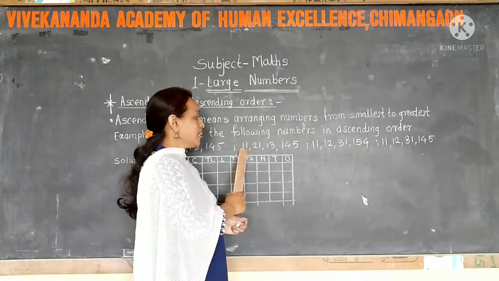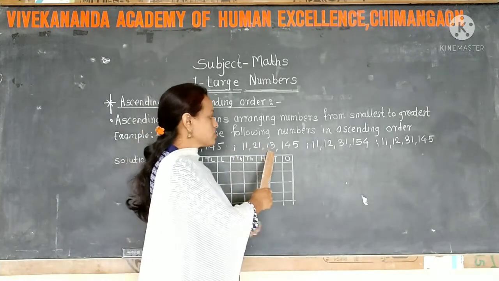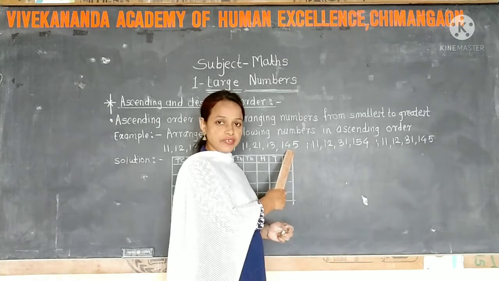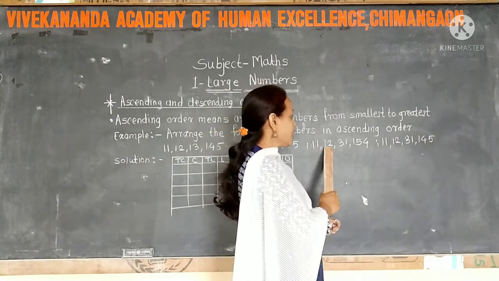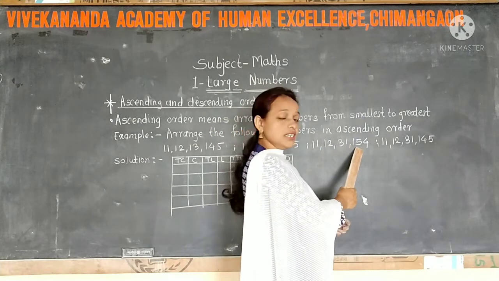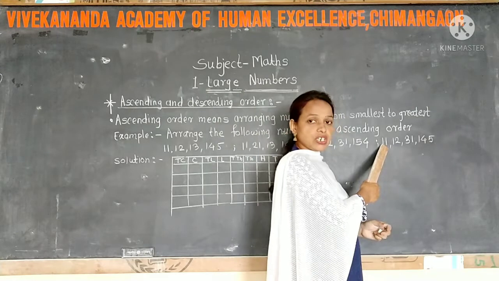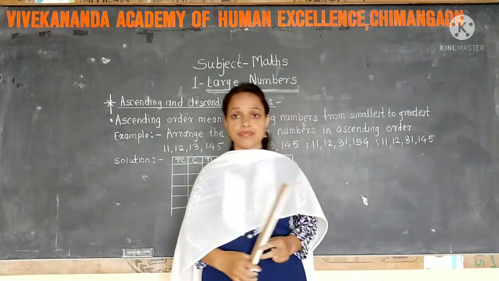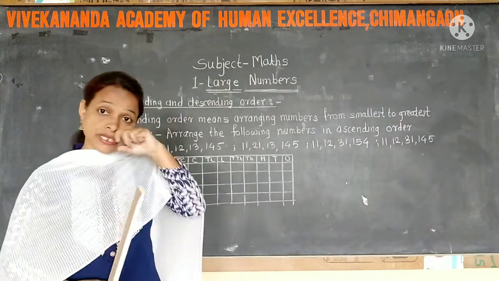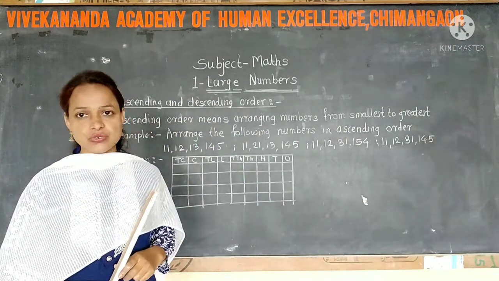The second number is 11 crore 21 lakh 13,145. The third number is 11 crore 12 lakh 31,154. And the fourth number is 11 crore 12 lakh 31,145. Now we have to arrange these 4 numbers in ascending order, meaning from smallest to greatest.